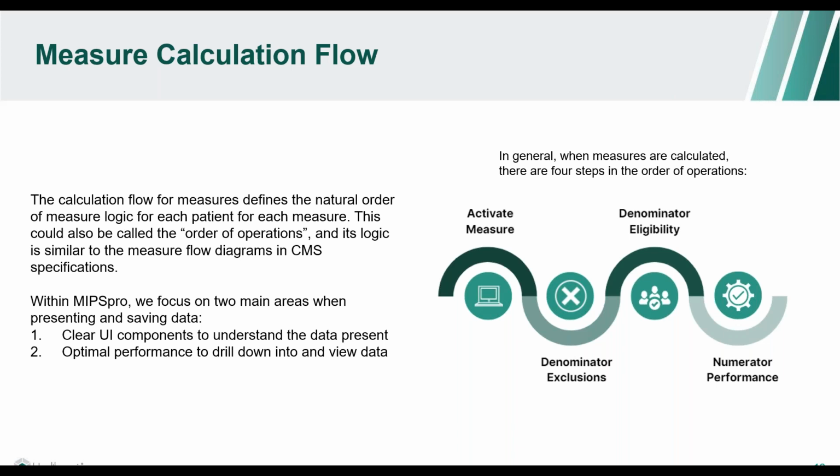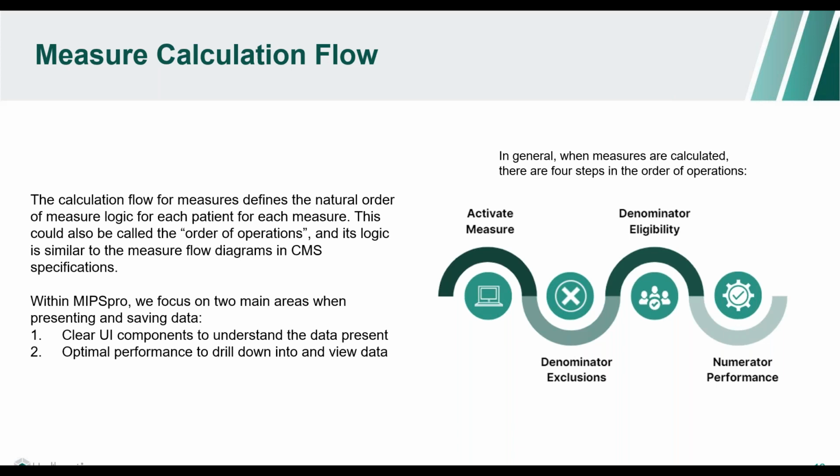If they have criteria to exclude them from a measure, we then don't look for subsequent criteria because we know they are no longer eligible for the measure. Once we pass that step of exclusions, we move on to looking at all eligibility criteria, which usually lends itself to CPT codes, diagnosis codes, procedure codes, HCPCS, and so forth.